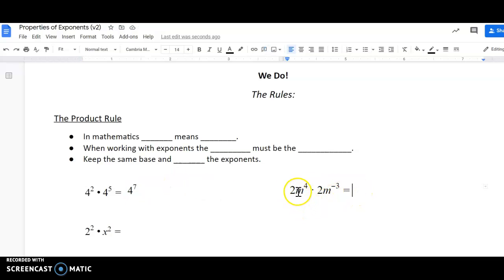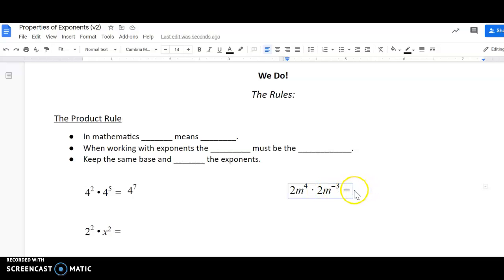Here we have our bases are the m's because they are holding up the exponents of 4 and -3. So the bases are the same. They're asking us to multiply. That dot in the middle means multiplication, so we can apply the product rule.